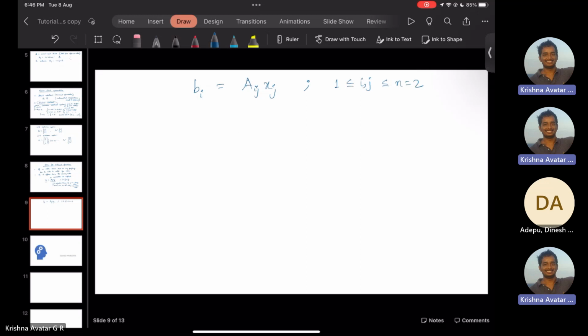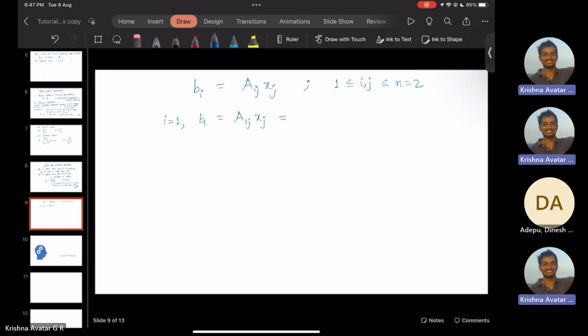Free index means that i can take any value. Now let's take i equal to 1. For this we have b1 equals a1j xj. Now I had said that the occurrence of any index twice means that there is some summation involved.